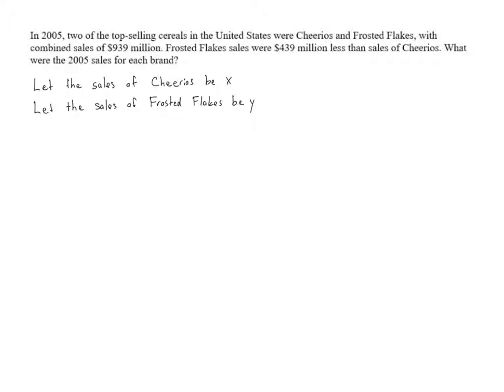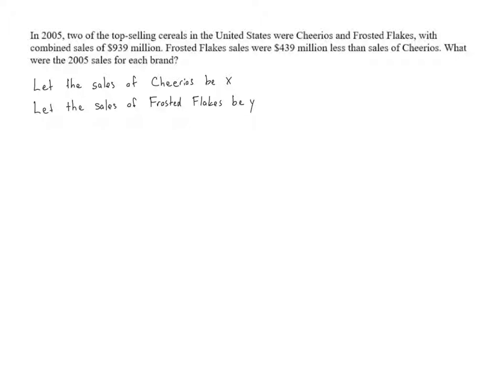In these problems, it doesn't matter which is x and which is y. You should be able to set up equations and solve either way. So we've got the sales of Cheerios is x, and the sales of Frosted Flakes is going to be y.